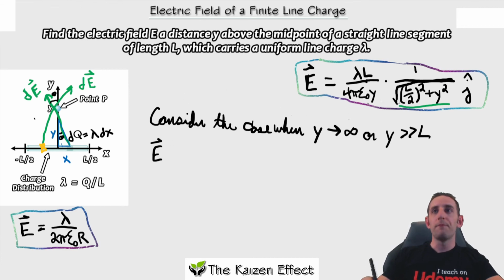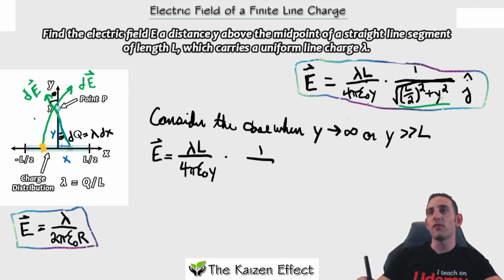We know that under here something special is going to happen, but in this case y is going to be larger than L. So it's like this is the super large number, and you can ignore this guy right there. What you end up with is your electric field is lambda times L over 4 pi epsilon naught y times 1 over the square root of y squared, which is just y.